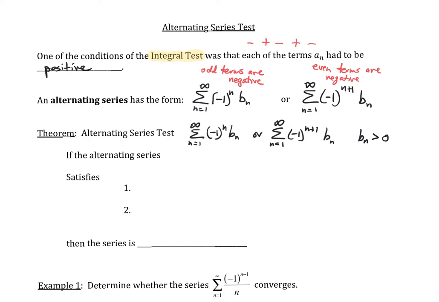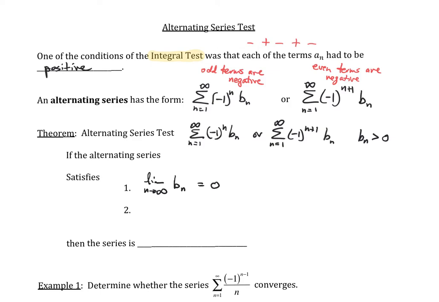When you have an alternating series of this form, there are two conditions that we need to check. The first condition is that when we take the limit as n goes to infinity of those b_n, those positive numbers, that limit needs to go to 0.